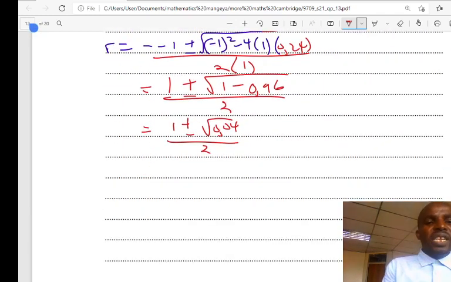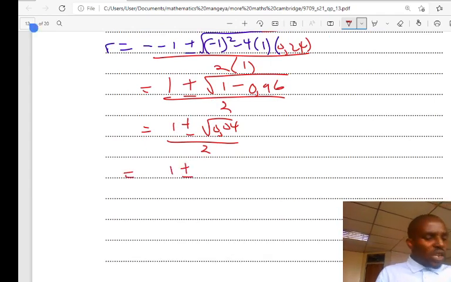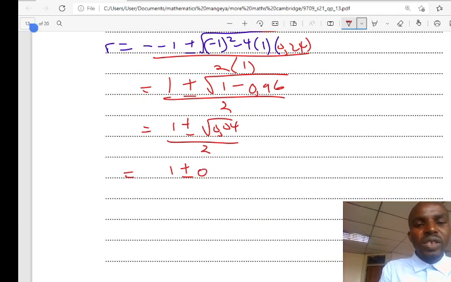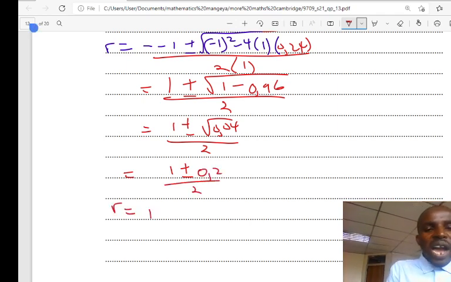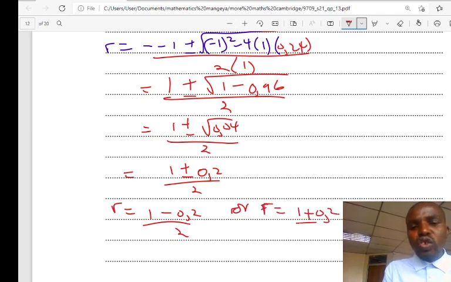The square root of 0.04 is 0.2. So r is equal to 1 minus 0.2 over 2, or r is equal to 1 plus 0.2 over 2.